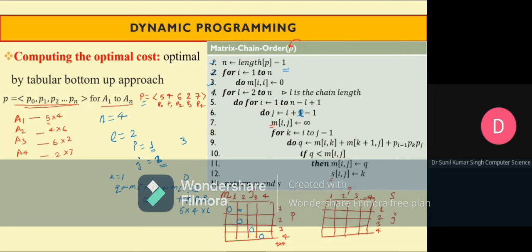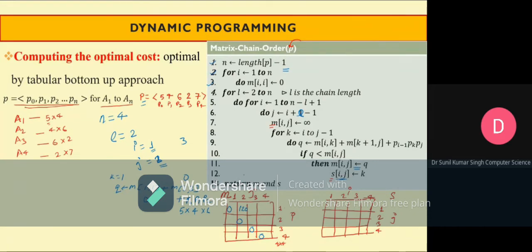I'll check here. Q is less than Mij? Yes, because it is infinity and Q is 120, it is lesser. Then what you have to do? You have to replace this value with 120. And then Sij, we have to put k here. What is the value of I and j?